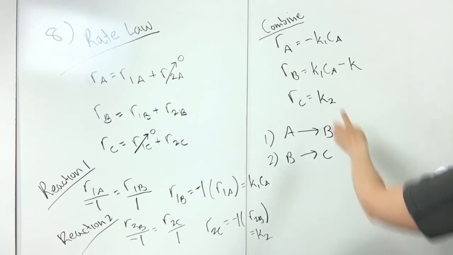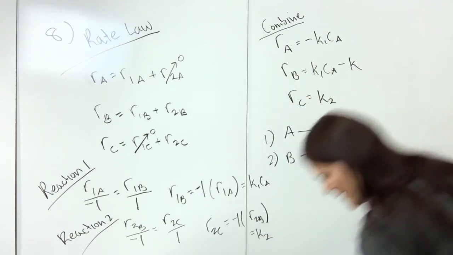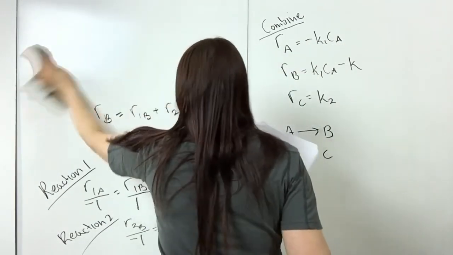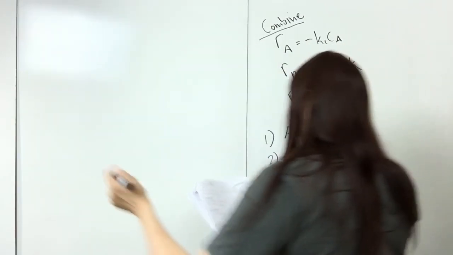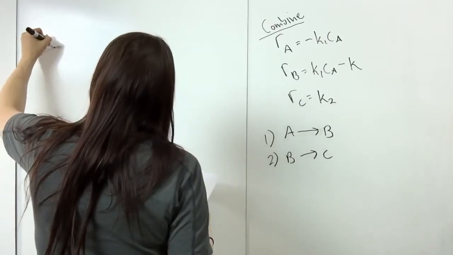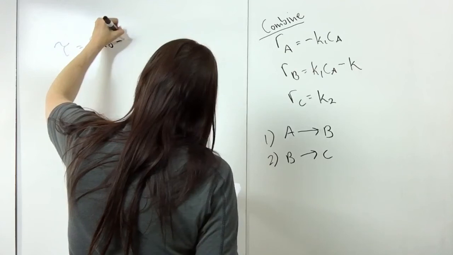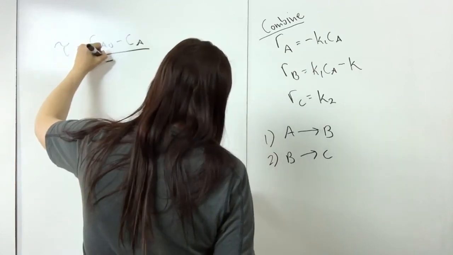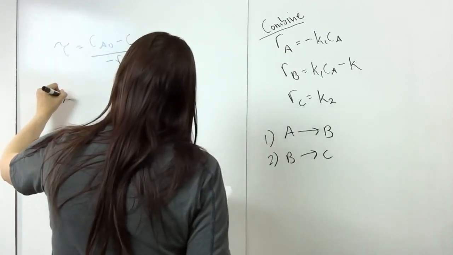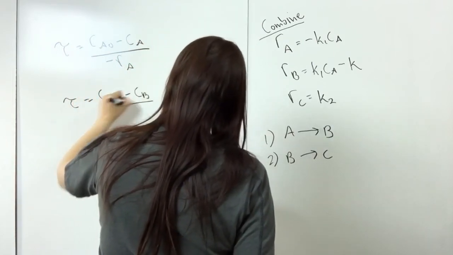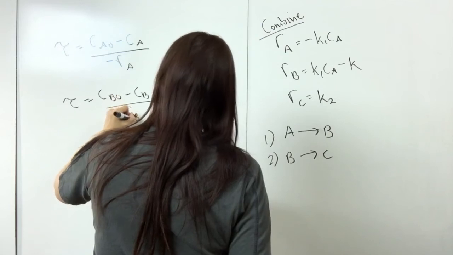Now what we do is just plug these in. I'm going to erase some stuff and write down the mole balances again real quick. For the mole balances, we had tau is equal to Ca naught minus Ca over minus Ra, and tau is equal to Cb naught minus Cb over minus Rb.